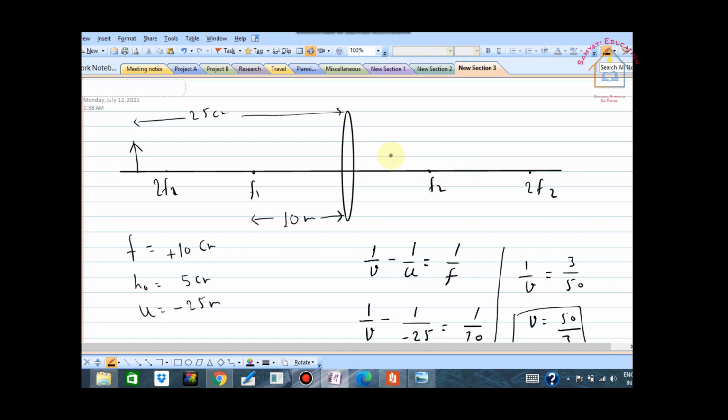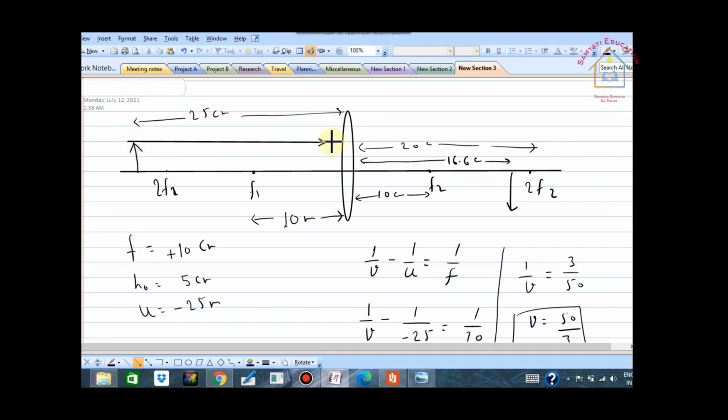This will be between f2 and 2f2. This length will be 10 centimeter and this length will be 20 centimeter. Then the image will be here at 16.6 centimeter from the lens. We can draw the ray diagram for this.